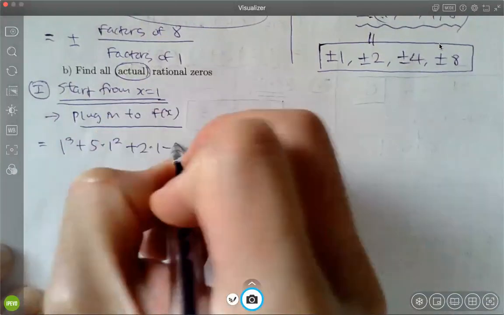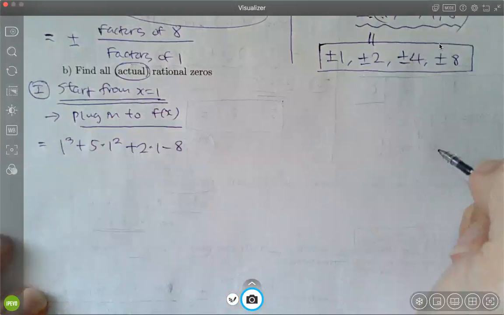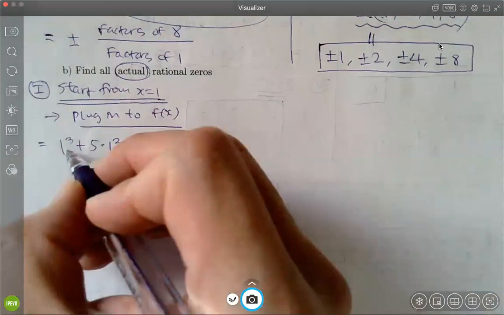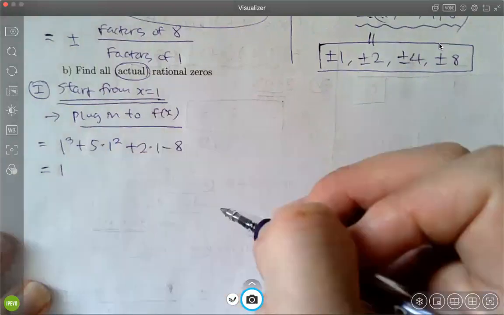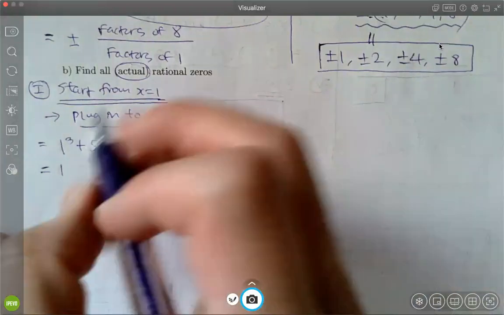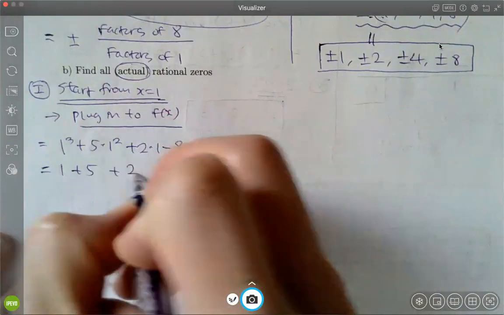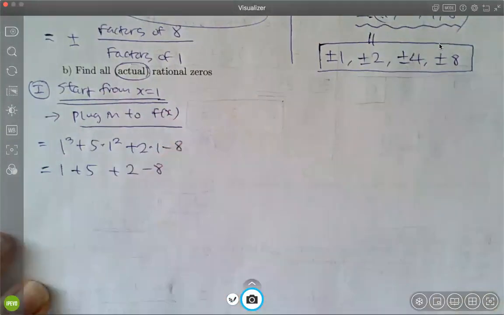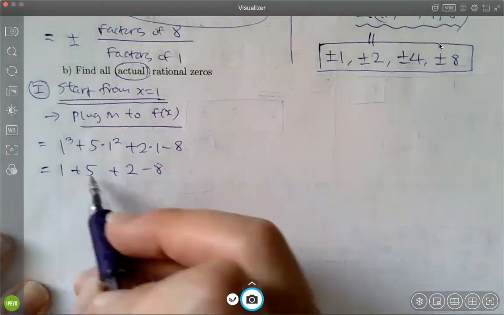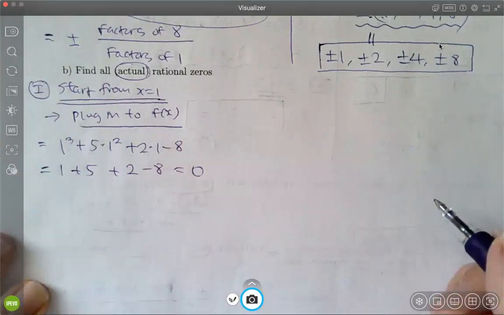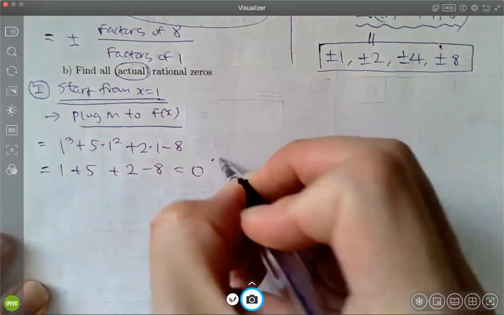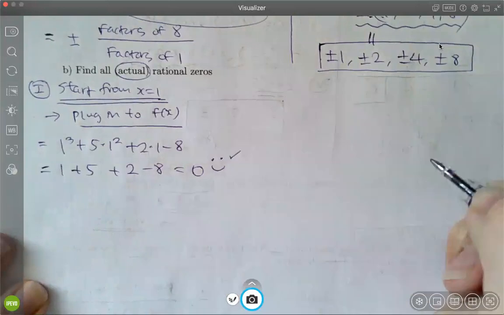So 1 cubed is 1, and 5 times 1 squared is 5 times 1, so that's just 5, and then plus 2 minus 8. That's 6 plus 2, which is 8, minus 8, so that's a 0. Is that a good sign? Yes, that is a really good sign.